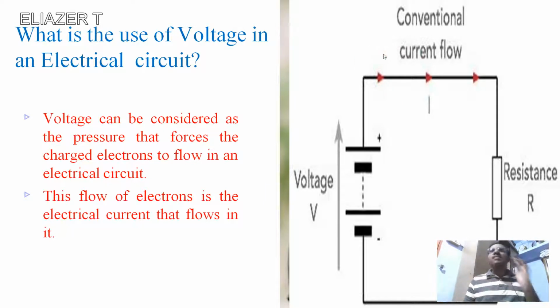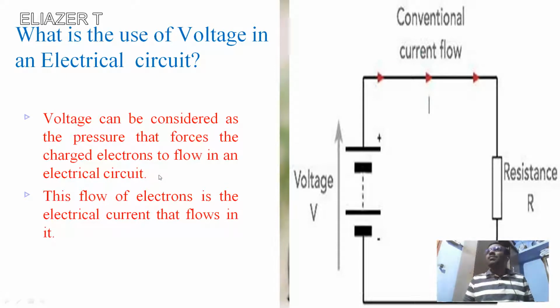So voltage is very much essential in an electrical circuit. Voltage can be considered as the pressure that forces the charged electrons to flow in an electrical circuit. You might have studied charged electrons in the PN junction diode. In order to have current flow, electron flow is mandatory. Electrons are otherwise called charges, and without the movement of charges there is no current.